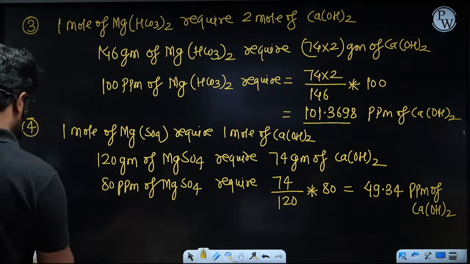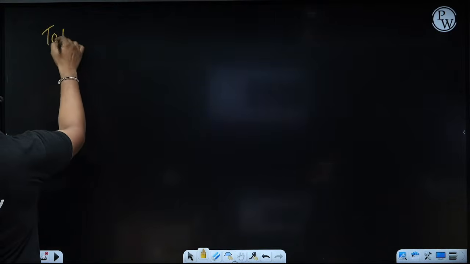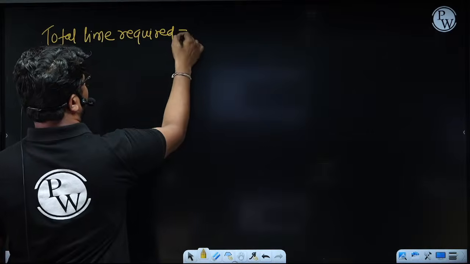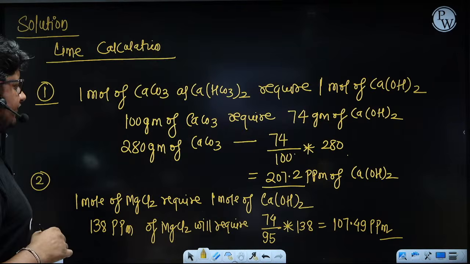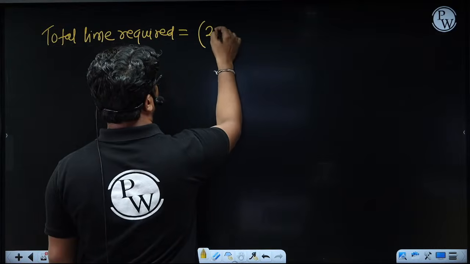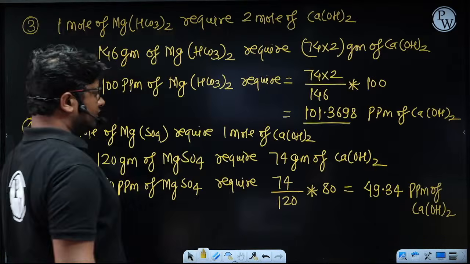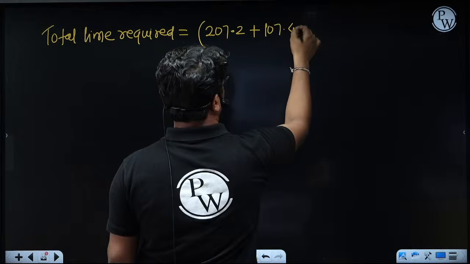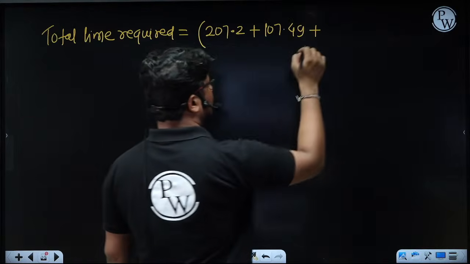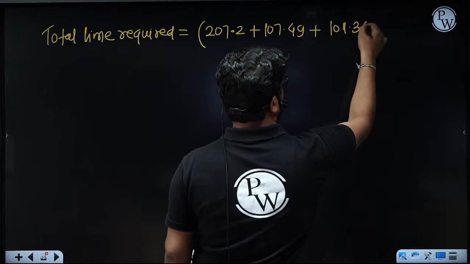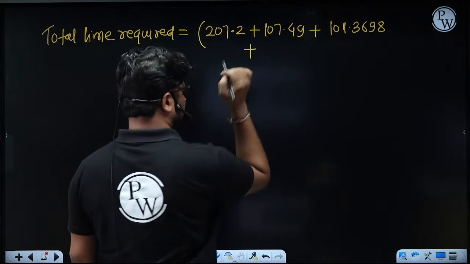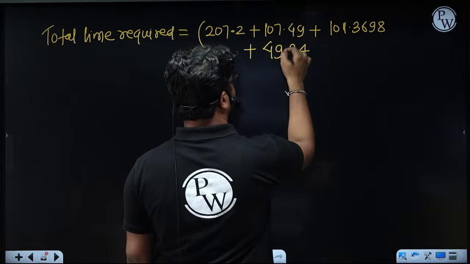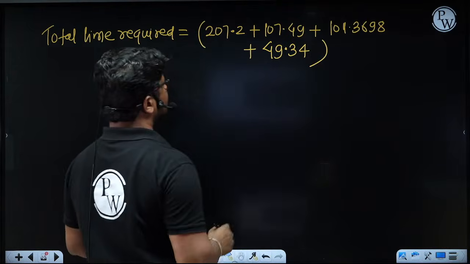So if you add all these, you will get the total lime required. So you have first here 207.2 plus 107.49, 101.3698, 49.34, 49.34, bracket closed.